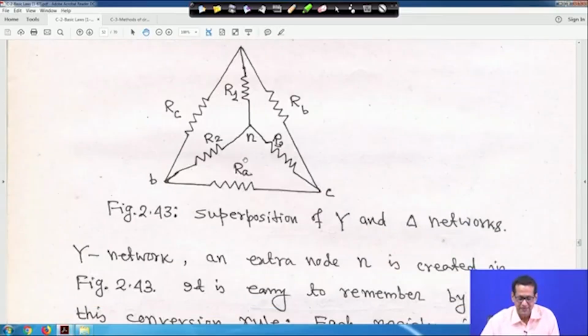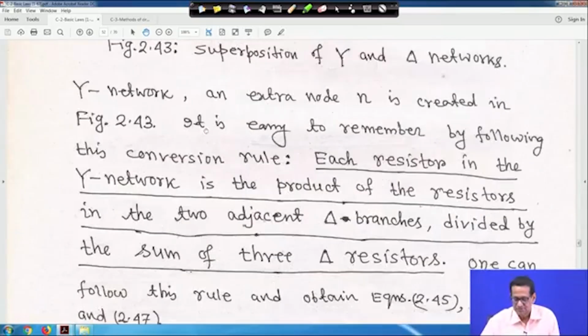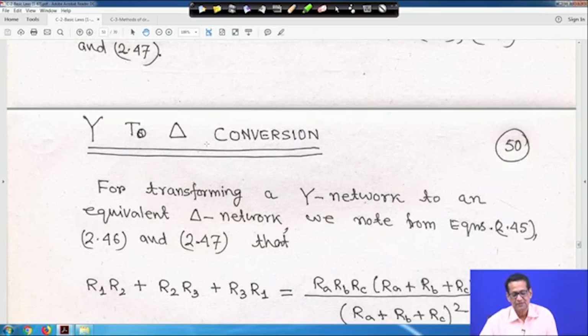Now, star to delta. If R1, R2, R3 are given in the star, what is the expression of RA, RB and RC? Now I have a star network and I have to convert it to a delta network.